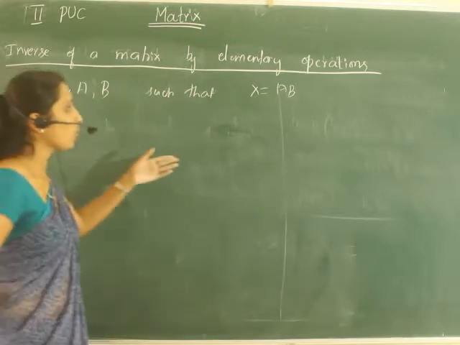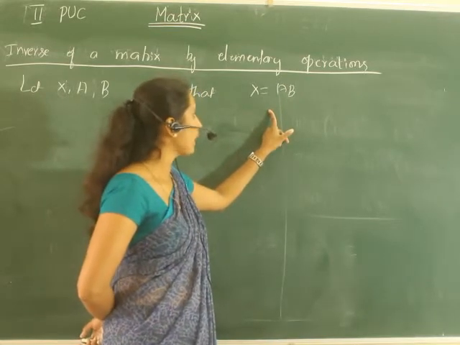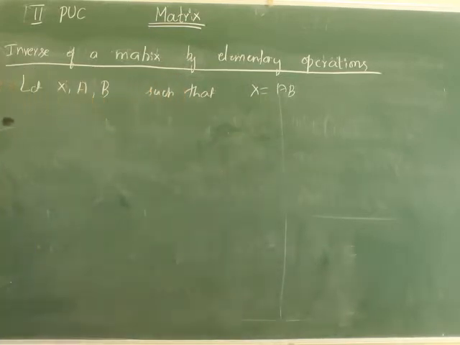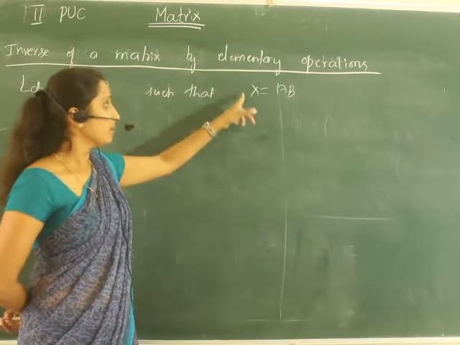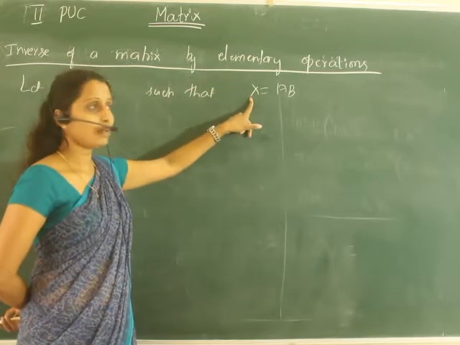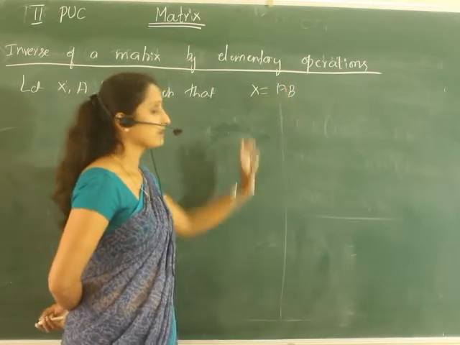In order to perform row operations on the equation X is equal to AB, we have to perform the row operation on the matrix X, and simultaneously on the first matrix, that is A.